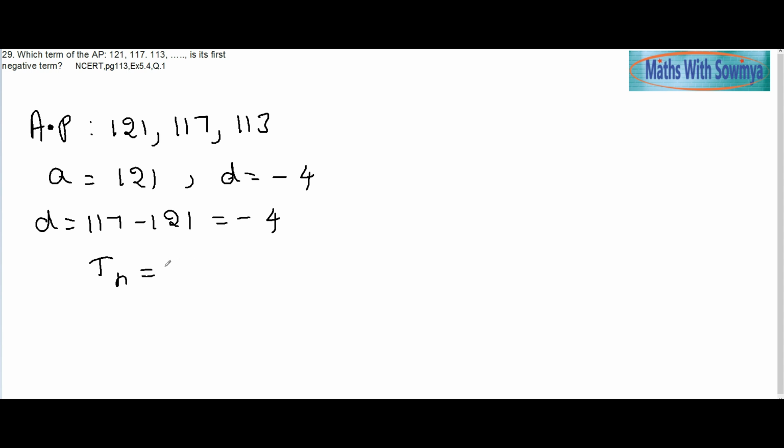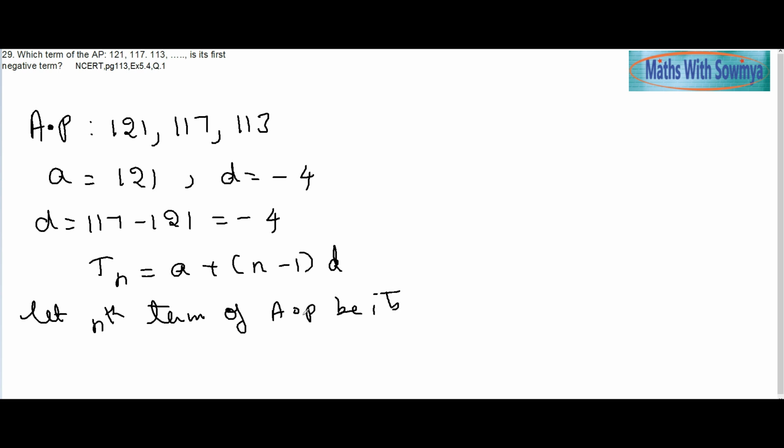We know this: Tn is a plus n minus 1 into d. I shall say here, let the nth term of the AP be its first negative term. Negative term means what? Less than 0. So therefore I shall say Tn is less than 0.